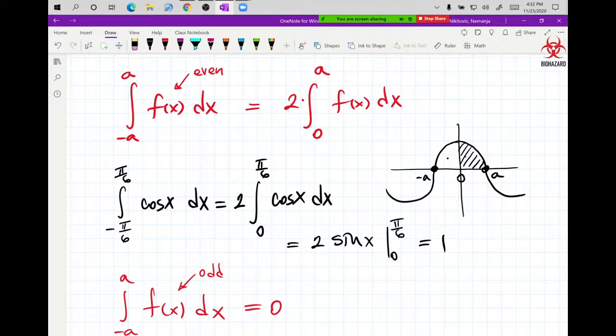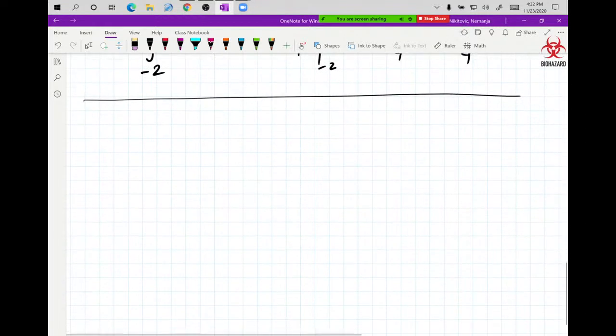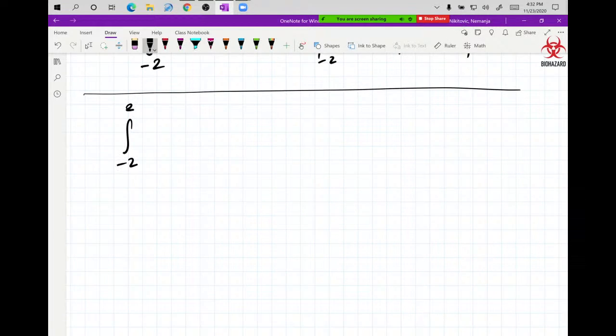So if I come up with a problem which says integral from negative 2 to 2 of e to the x dx, right? You actually have to do this, because e to the x is not even or odd. It's neither, right?